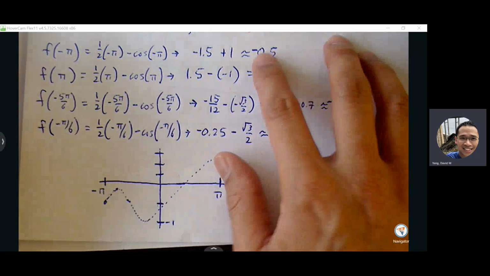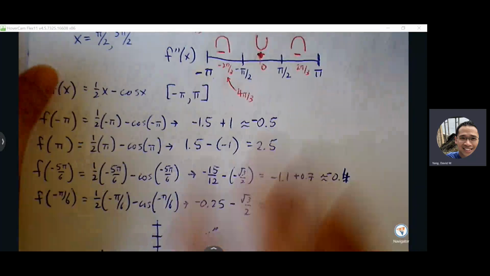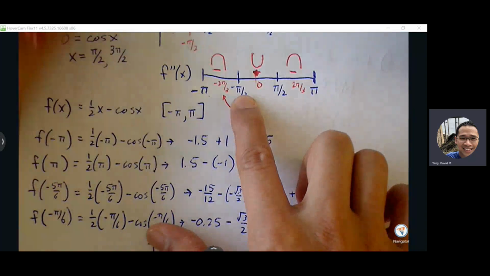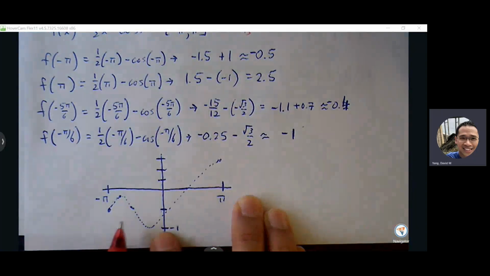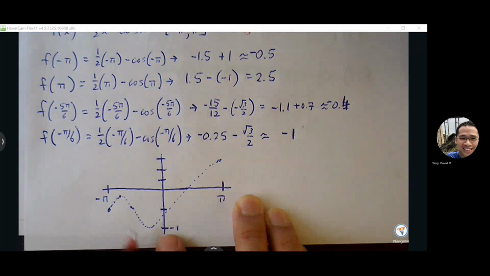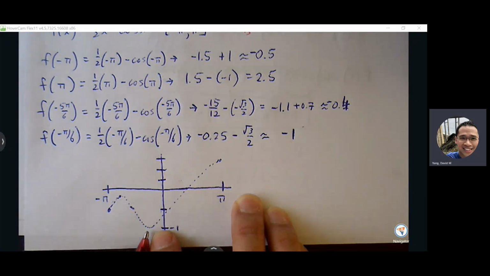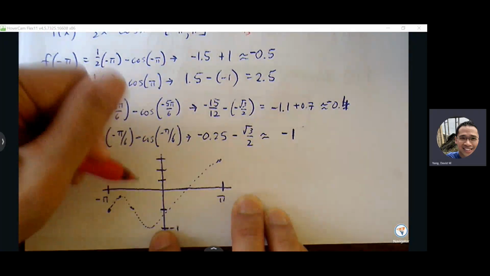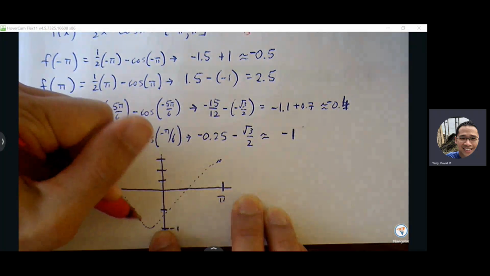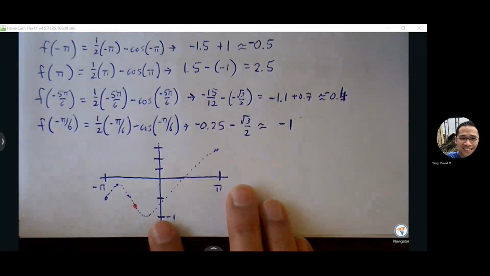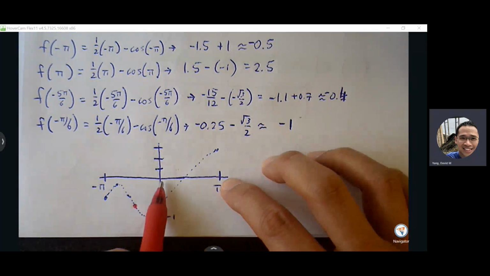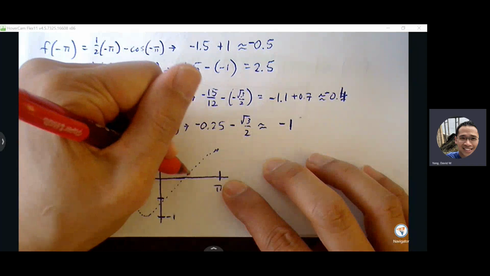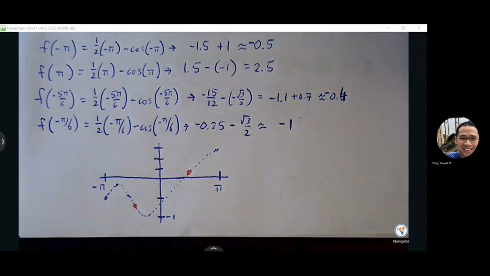Points of inflection, not as important because we can kind of just estimate where they're going to land. So -pi/2, there's a point of inflection, pi/2. So -pi/2, we know is somewhere between negative pi and -pi/6. So I know somewhere around here. It's going to target. And then the other point of inflection is at pi/2. Pi/2 is between 0 and pi. So I'm just going to target a point where I think pi/2 is.